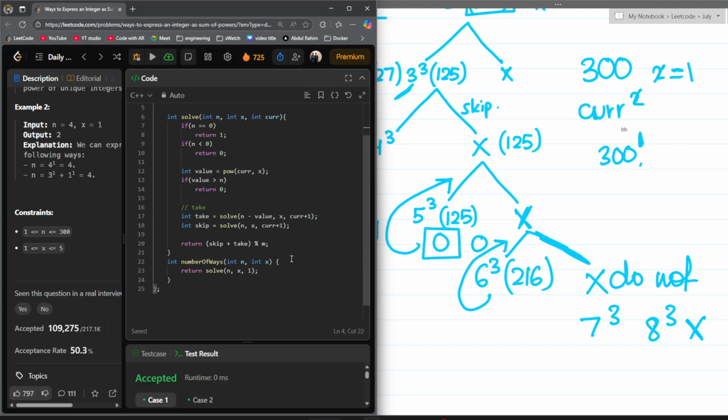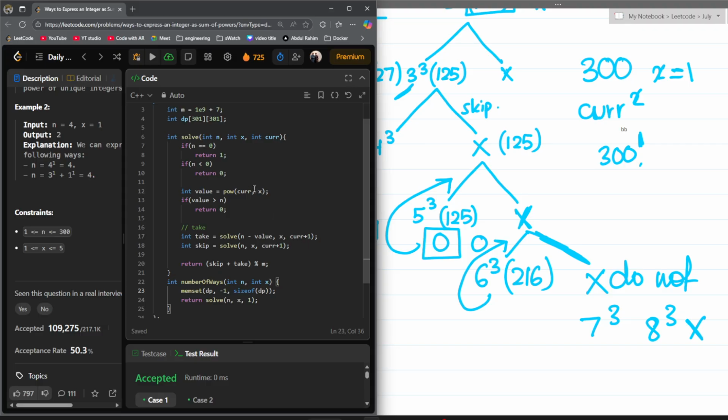What I'm going to do is first of all fill up the dp array with -1. So memset dp to -1, size of dp, filling the entire 2D array with -1. So all of the values are -1s, and then I'm going to cache all of the results. If you have calculated successfully the value of one state, cache it.